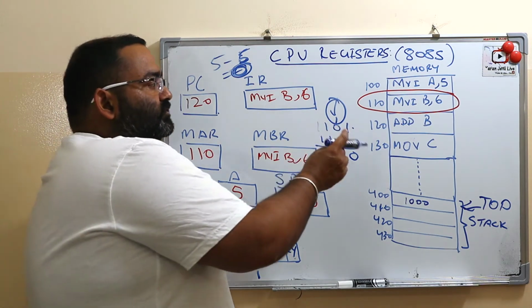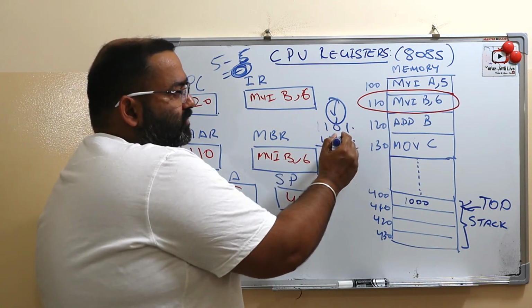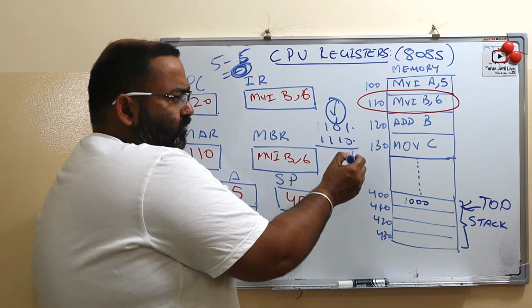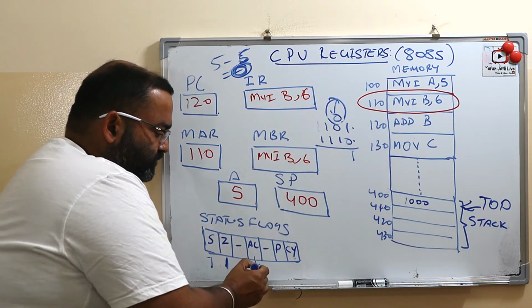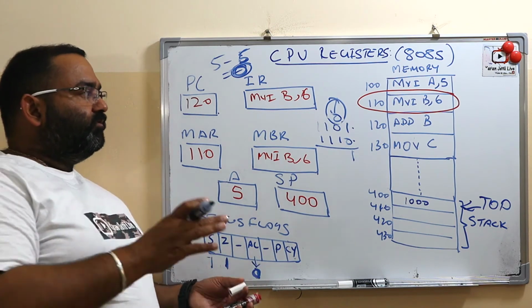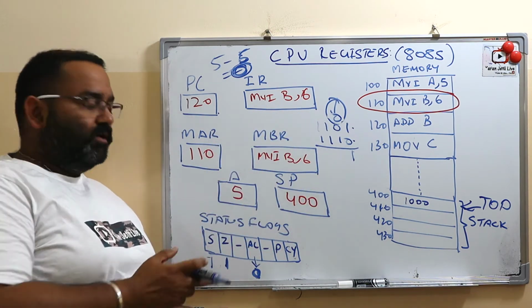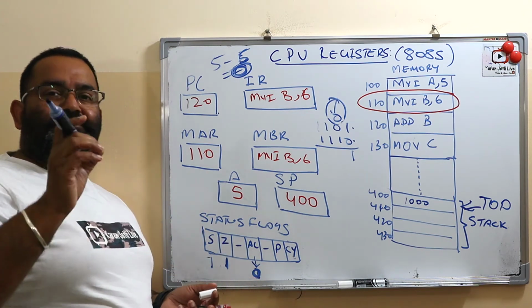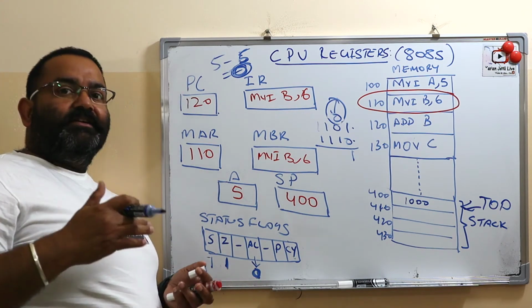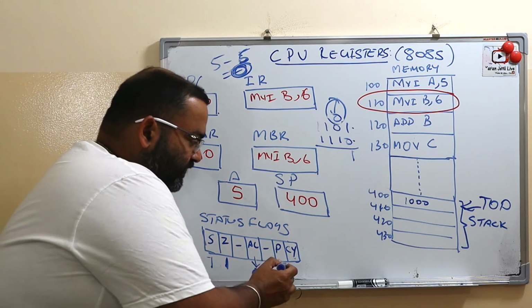If there is no carry generated, for example 0 plus 1 is 1, the carry is 0, then this bit becomes 0. Basically, whatever operation we are doing in the CPU, it will reflect the status of the result, whether it is negative, positive, whether there is a carry and so on. Okay, then comes P.